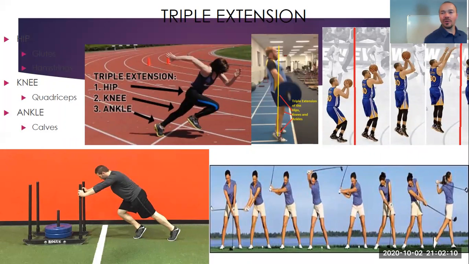And whether you're a sprinter or not, or you rely on linear sprinting, you could even just use sprinting to help develop your skill set for golfing or for shooting in basketball or for Olympic lifting, because sprinting is triple extension as well, especially in that acceleration phase.